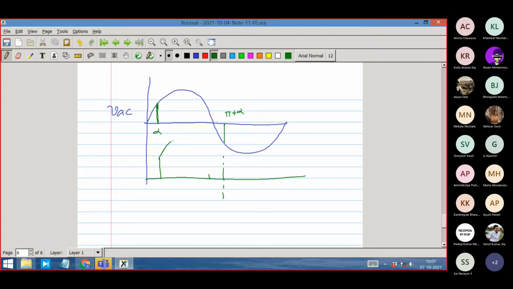Let me draw as good as I can draw. Right like this it will come, and here also it will be like this. So this is the rectified voltage, V rect, instantaneous voltage, whose average value will be capital V subscript rect, right? Rect is rectifier.